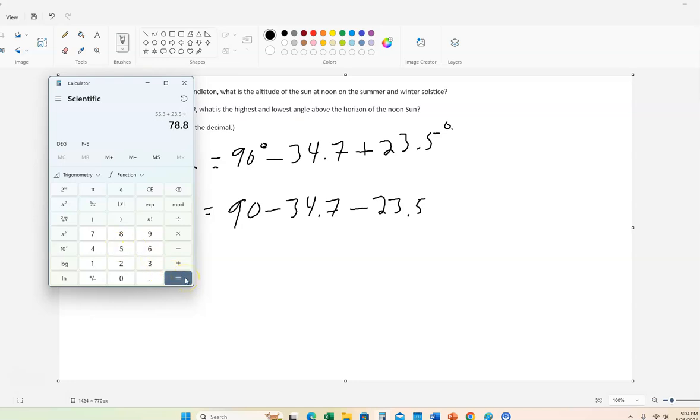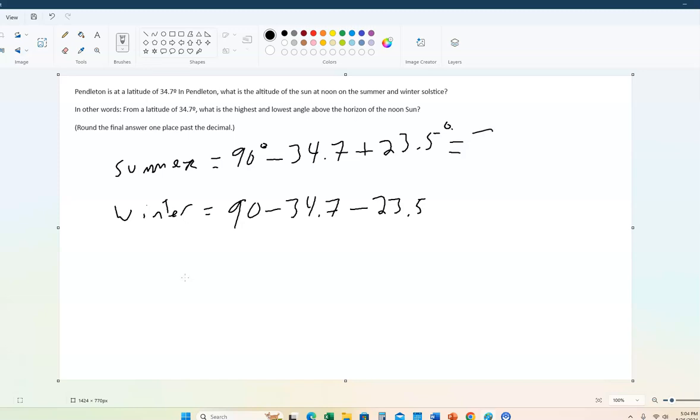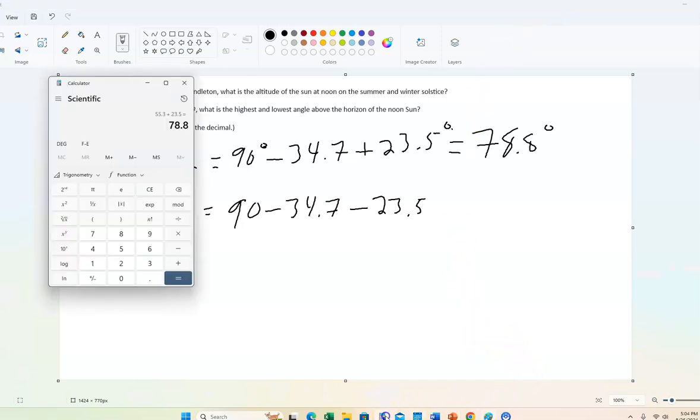So the first answer is 78.8 degrees. And if you think about that, 90 degrees would be straight overhead, and so this is actually pretty high in the sky. If you kind of just reflect on that for a moment. All right, let's do the other one.